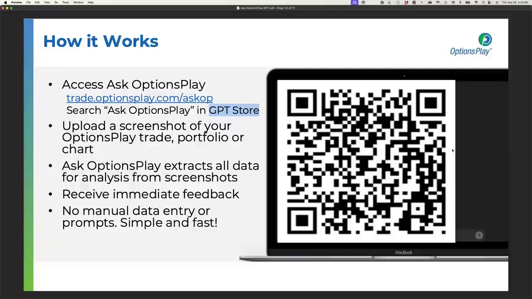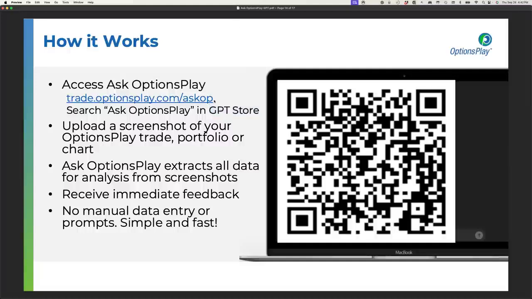We've put a lot of work into building this trading assistant, but our long-term goal is to, number one, make this assistant more robust. It'll allow you to explore strategies and have it build option strategies on your behalf. And more importantly, have it all available to you directly within the Options Play platform. But for now, version 1 is completely free of charge, available to you in the ChatGPT store.